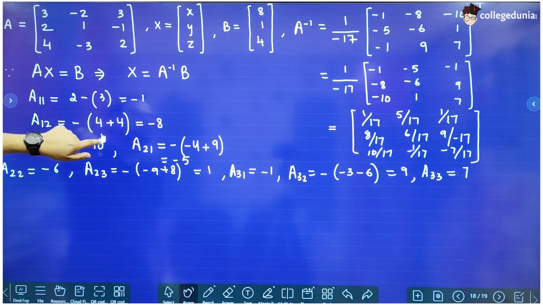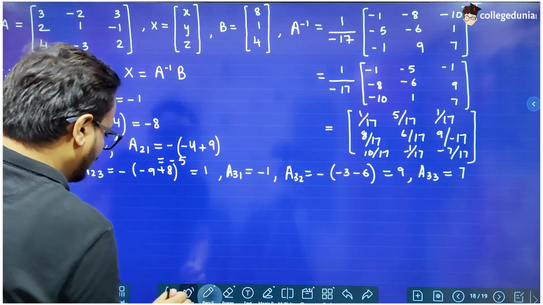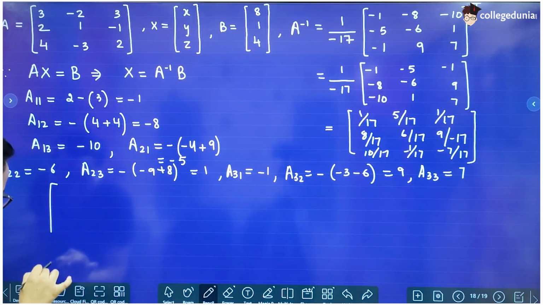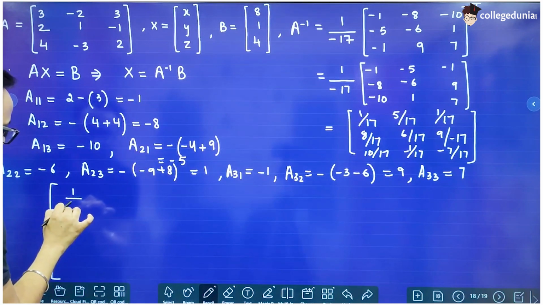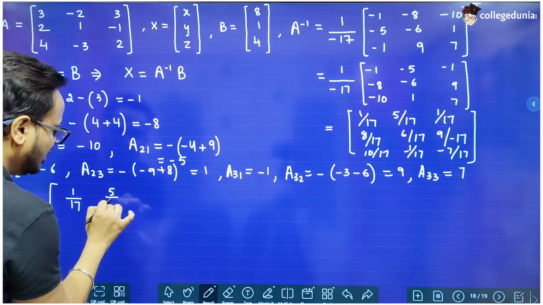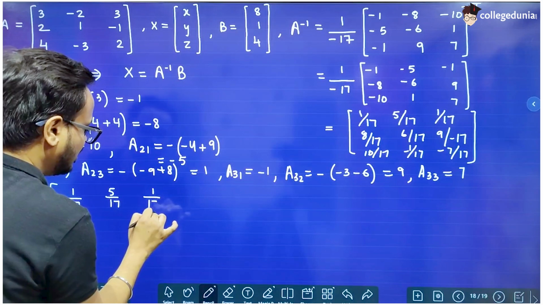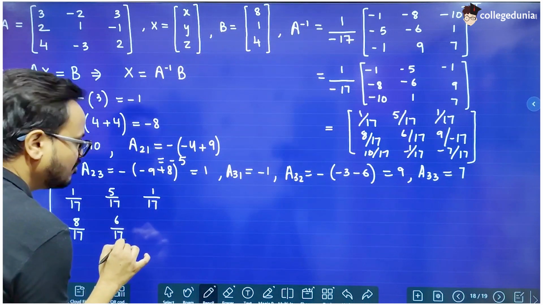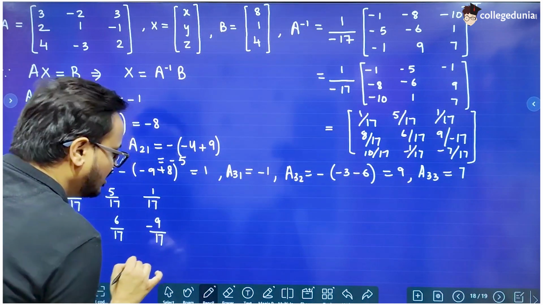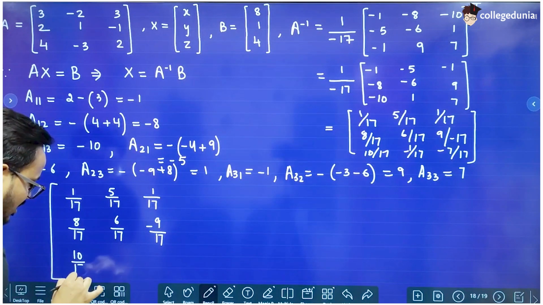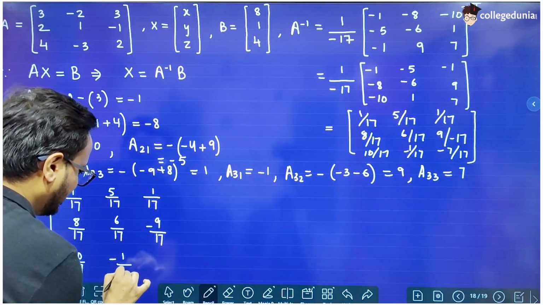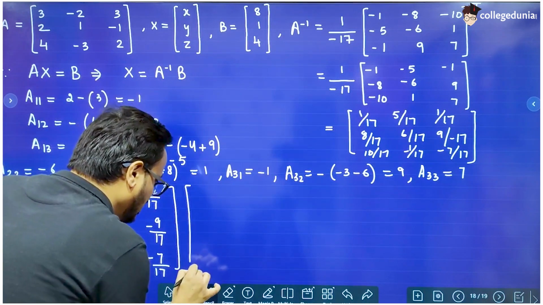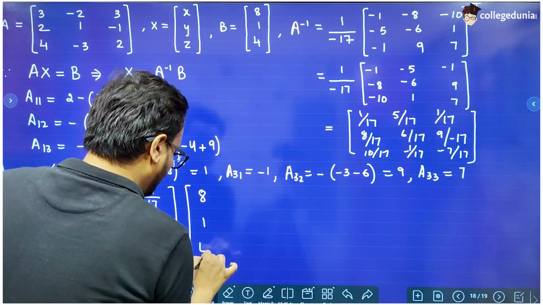Now let's multiply this A inverse with B, which is 8, 1, 4.